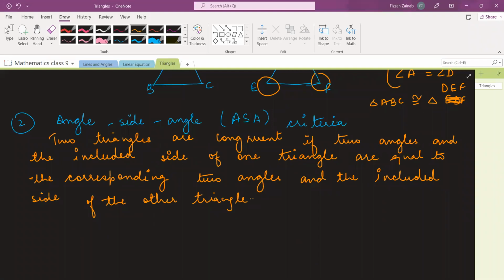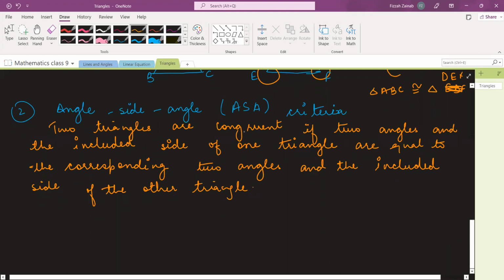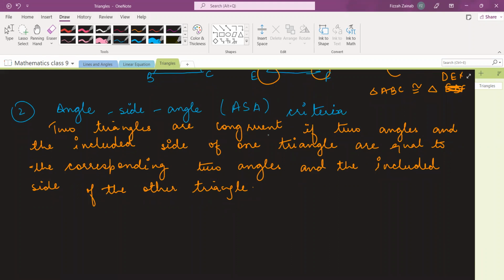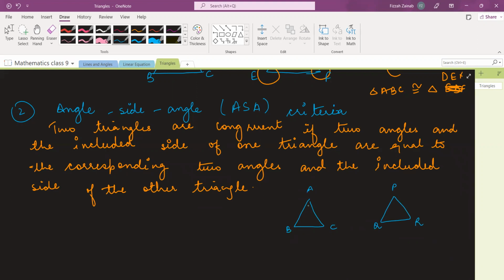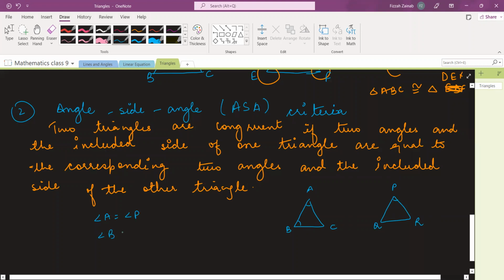Again, right now I'm not doing the proof. Just try to understand the meaning of it. It is saying two triangles are congruent if two angles and the included side are equal. If you have a triangle ABC and a triangle PQR, for example, angle A is equal to angle P, and angle B is equal to angle Q. Now, which side is included here?